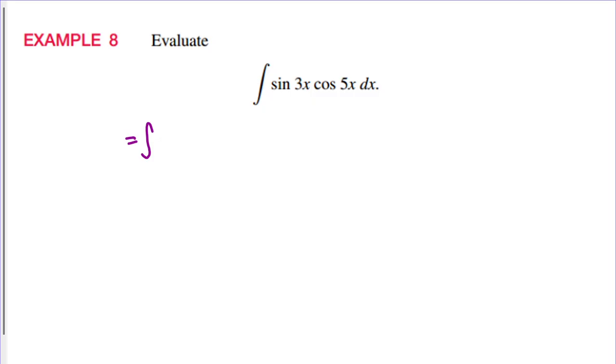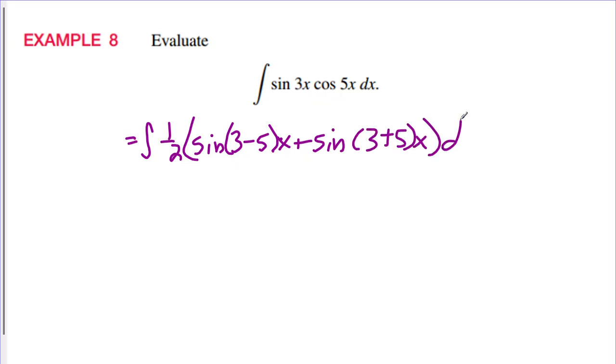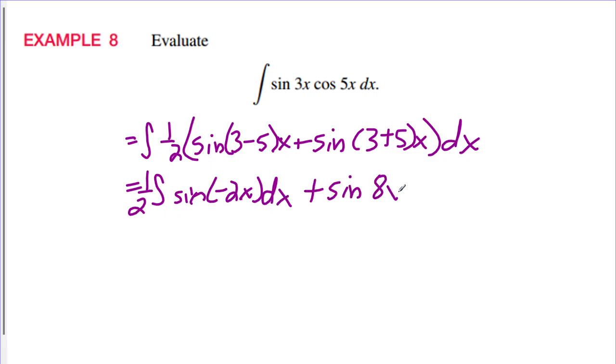So this turns into 1/2 times sine of, subtract the first minus the second constant, 3 minus 5 of x, plus sine, now we're going to add the constants to get 3 plus 5 of x, quantity dx. We can simplify those arguments and pull out the 1/2 to get 1/2 the integral of sine of negative 2x dx plus sine of 8x dx.